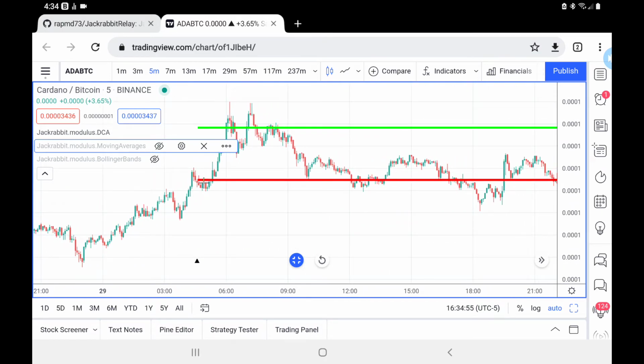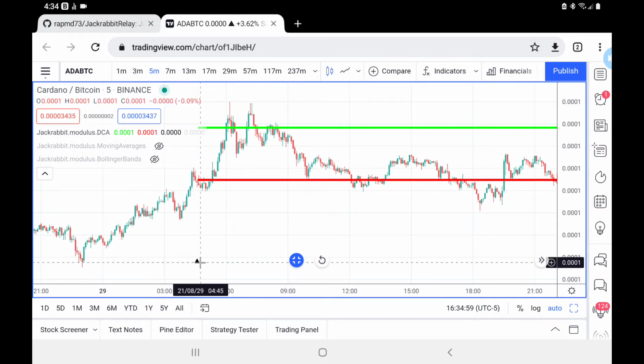So we started on August 29th. So this position is already pretty much 1.5 months old.